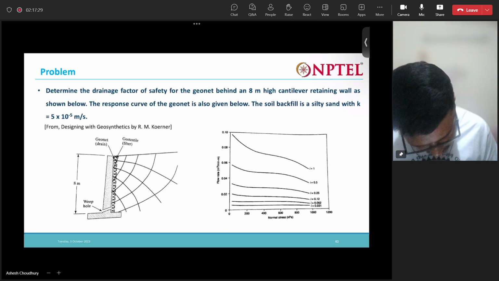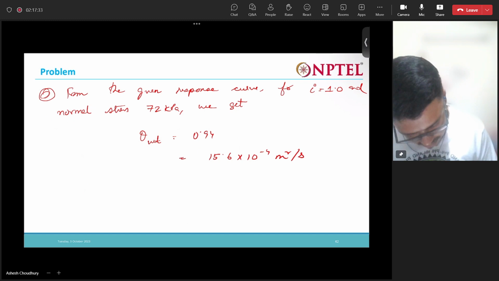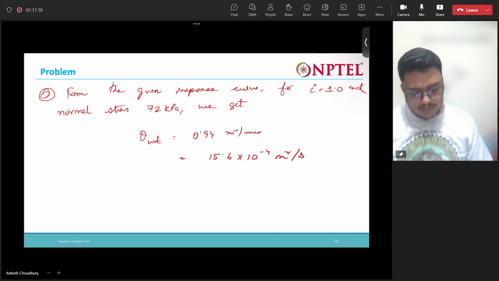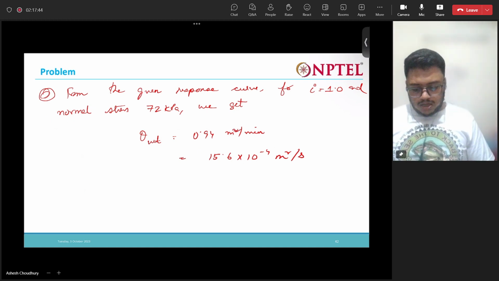It's meter cube per minute meter, so meter square per minute. So meter square per minute will be 0.94 into 60, divided by 3600, sorry, 60 seconds.